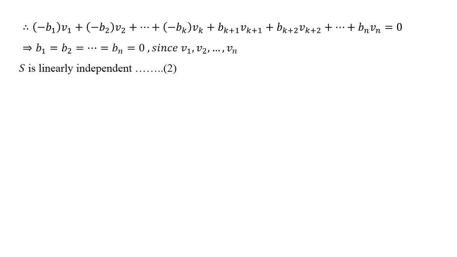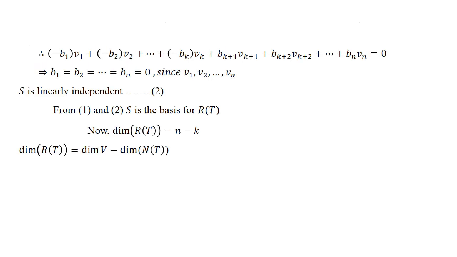When this is equal to 0, all the coefficients must be 0, as v1, v2, etc., vn are a basis. So we conclude that S is linearly independent. So from 1 and 2, we get S as a basis for R(T).